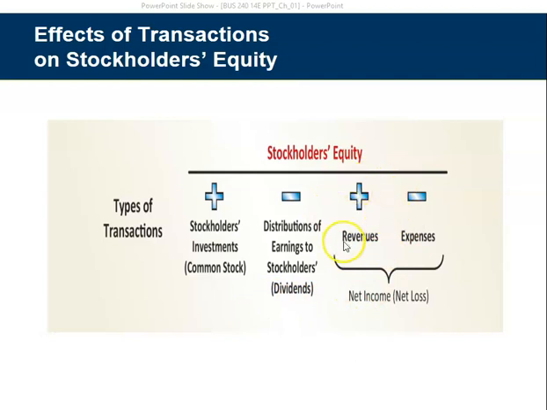Revenues in and of themselves increase stockholders' equity, and as we incur expenses, equity goes down. Again, pretty common sense type stuff, but you're just getting started in accounting, so we can't take anything for granted.